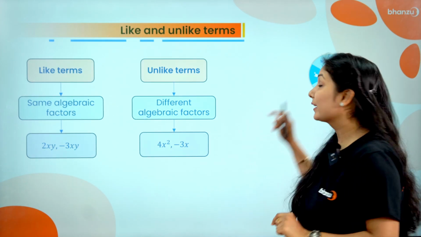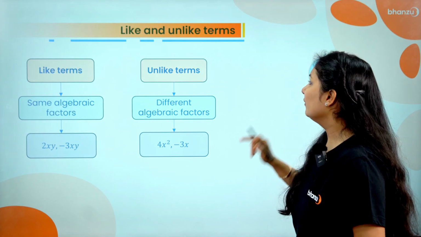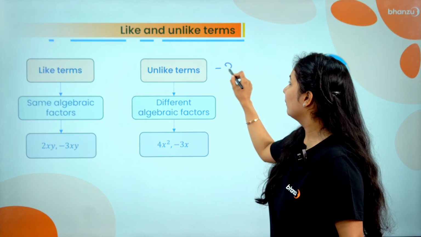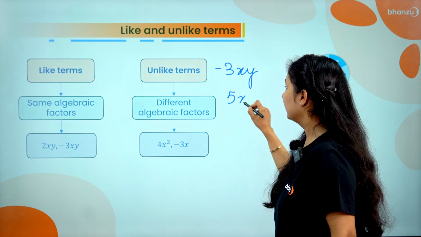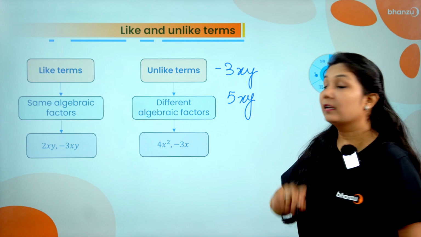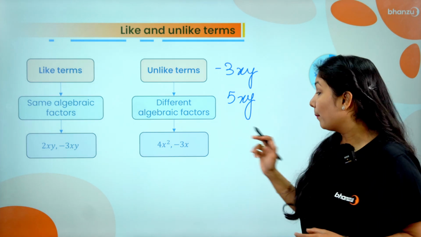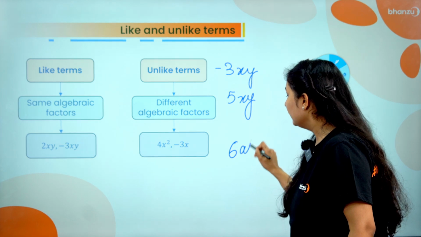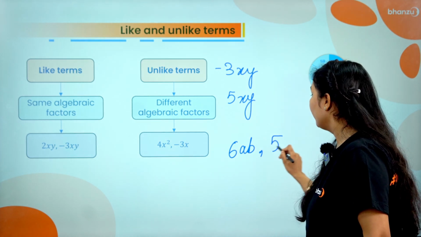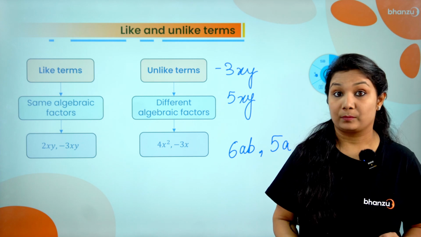So let's have few more examples for it. Here we can have a term like minus 3xy and 5xy. Yes, they are like terms, right? But if I write 6ab and 5a, they are unlike terms.